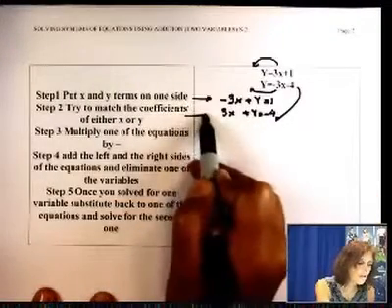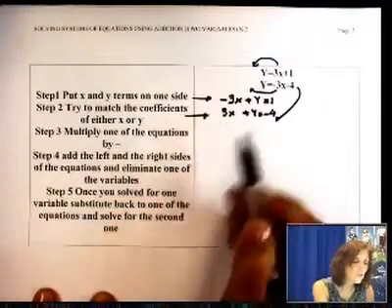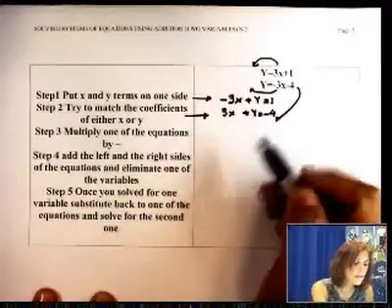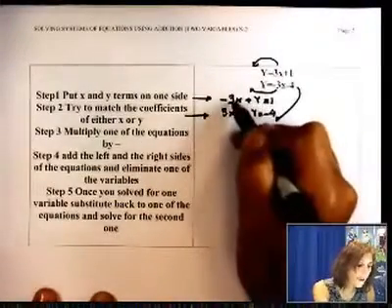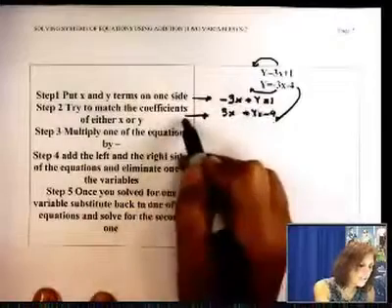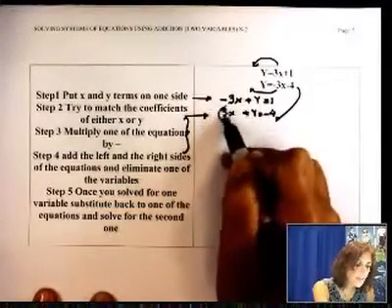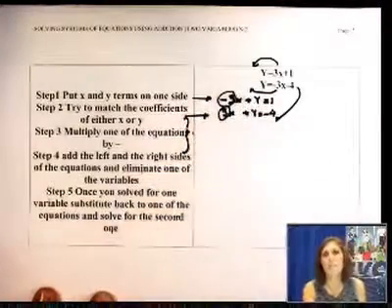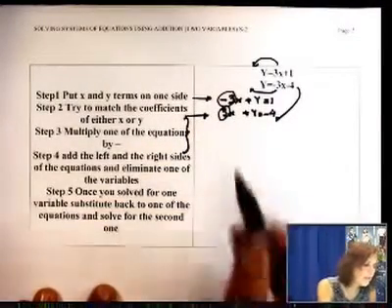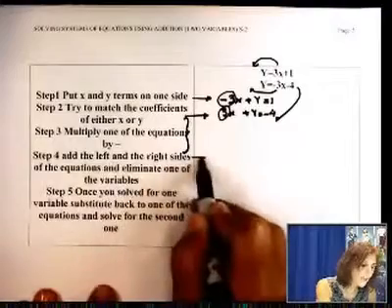Now, this one says, try to match the coefficients of either x or y. Guess what? They are matching, and these two steps are together. They are matching in such a way that they are the same number, but one is positive, the other one is negative. That's what you want. Then you say, okay, well, add left and right.